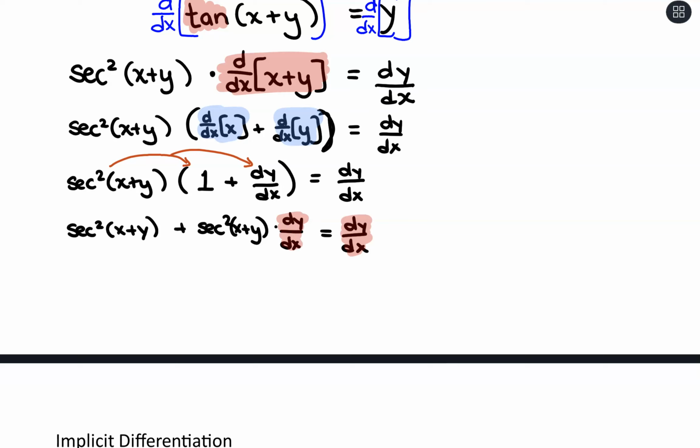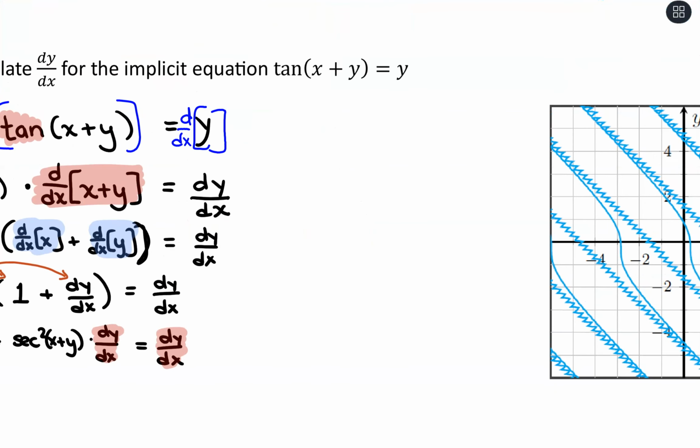So what I'm going to do is subtract away that secant squared of x plus y times dy dx. So what that will give us is we'll have that 1 times secant squared of x plus y alone on one side of the equation, and then we'll have just 1 dy dx minus secant squared of x plus y times dy dx.